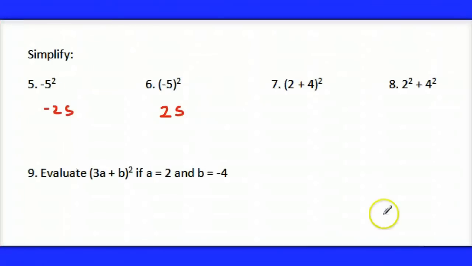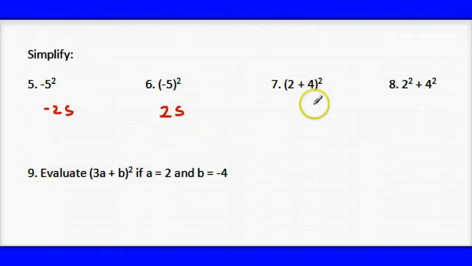So the calculator is consistent with what I've mentioned here in our notes. Here, notice that I have to use order of operations. I would actually add first. So I'd have 6, and then I'd have to square the 6, and that would give me 6 times 6, or 36. Here, notice we're squaring each of the numbers individually.